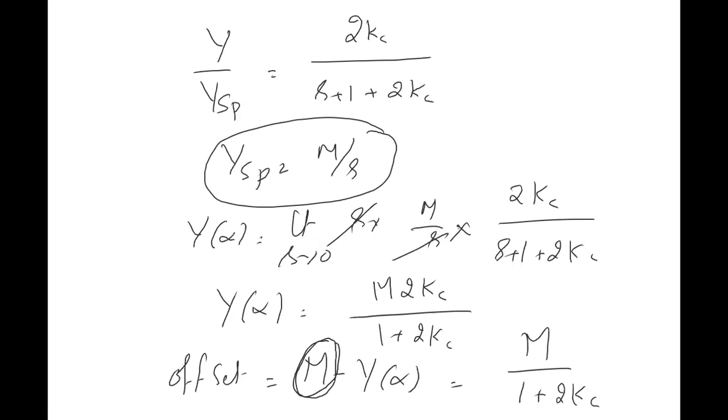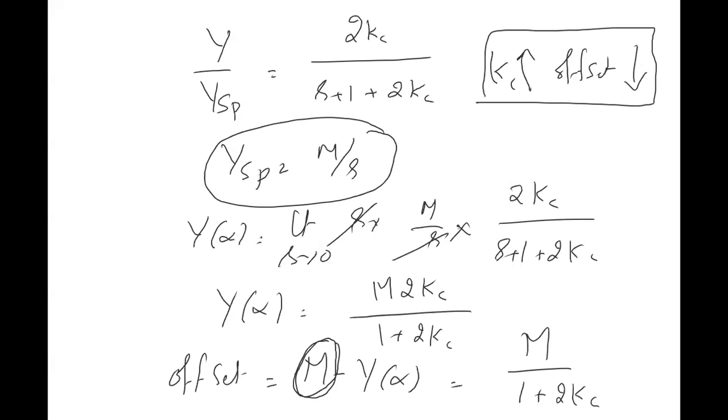So here in this problem, if you observe one thing, if Kc increases, offset decreases, because Kc is in the denominator, in this problem and previous problems also.